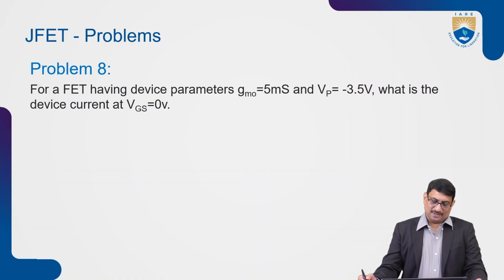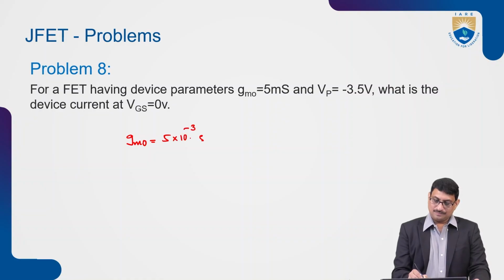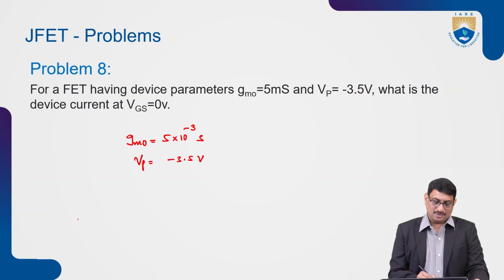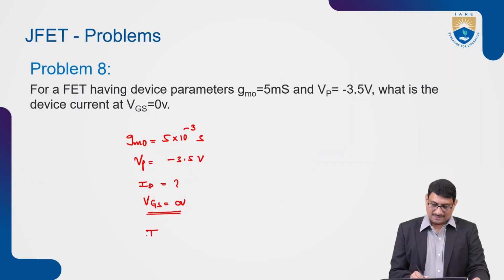For a FET having the device parameters GM naught equal to 5 millisiemens and the pinch off voltage VP equal to minus 3.5 volts, what is the device current ID when VGS equal to 0 volts? In the previous problem, I explained that when VGS is equal to 0 volts, the drain current attains its maximum value, and that drain current is given by ID equal to IDSS.